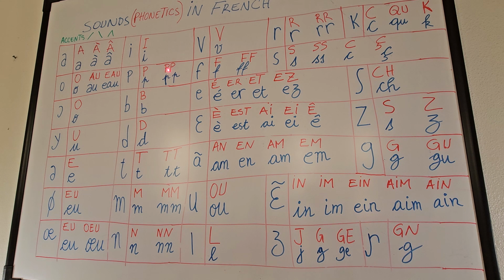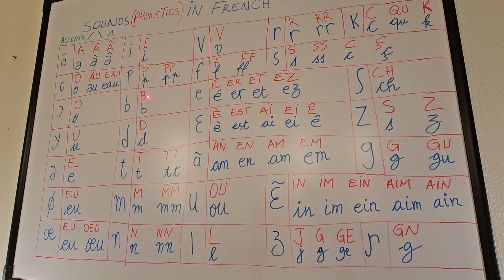If you see a double p, it still sounds p. Most of the time a single p is at the beginning of a word, but double p you find inserted inside a word. But it still sounds p.